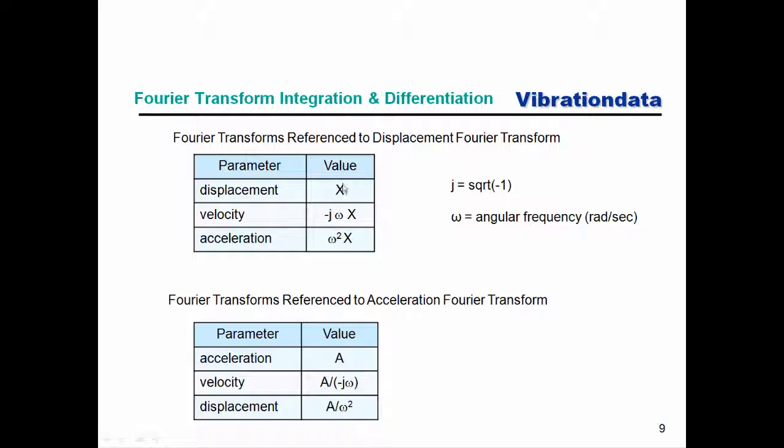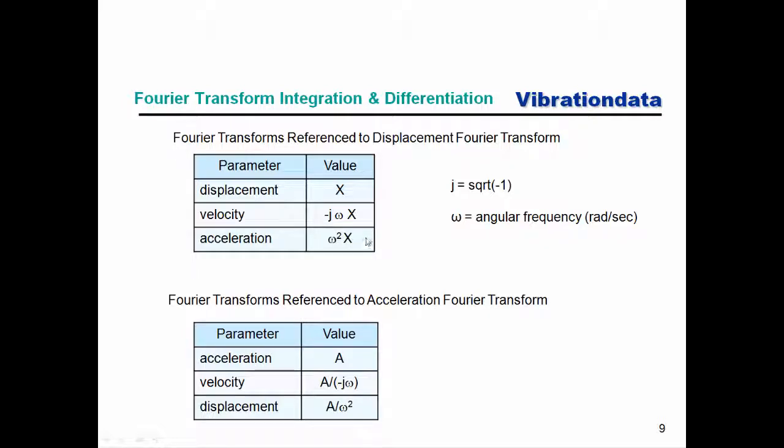That's uppercase X. To get velocity, it would be minus j omega times X, the Fourier transform of displacement. Now, just as a review, j is equal to the square root of minus 1, and omega is the angular frequency, typically radians per second. Then the acceleration would be omega squared times that displacement Fourier transform.